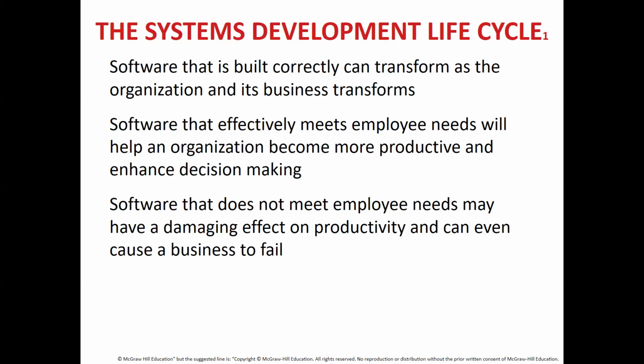However, if there is software which is quite the opposite, not preferred by the employees, it has a damaging effect on productivity and is catastrophic to a business. The business will most likely fail in its day-to-day operations.